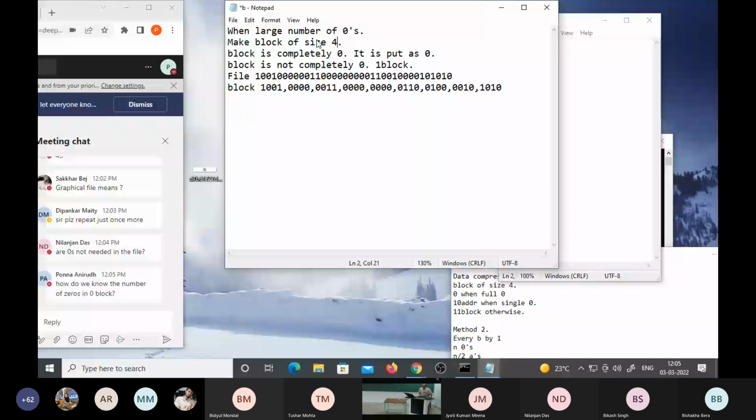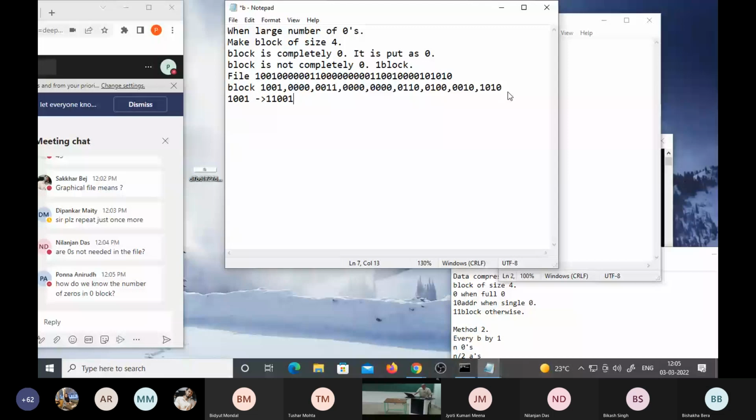Now, this 1 0 0 1 is a block which is not fully 0. So this will be transformed to 1 1 0 0 1. If a block is not fully 0, we shall put 1 in front of it.